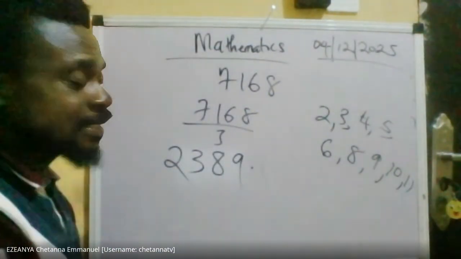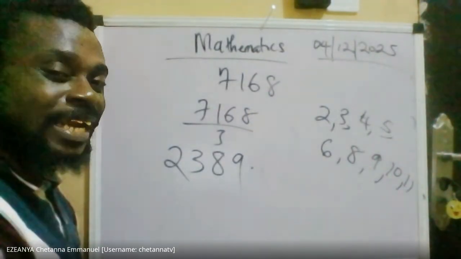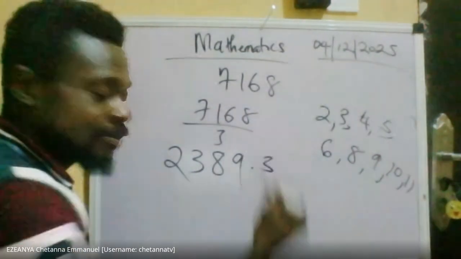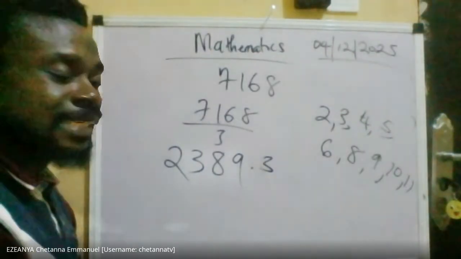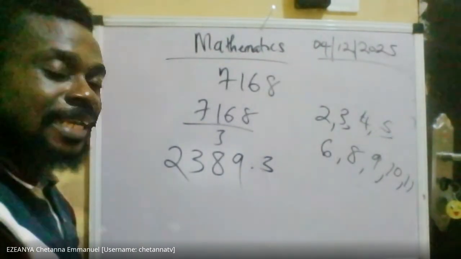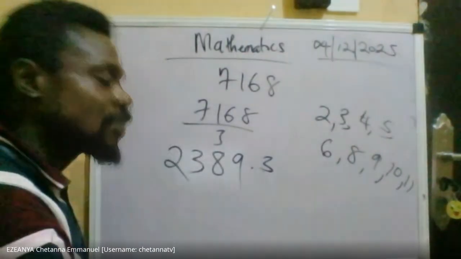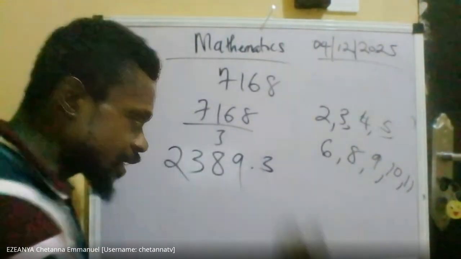10 divided by 3. How many 3's can we find inside 10? We find 3 because 3 times 3 is 9. What is the remainder? 1 again. Multiply by 10, 10 plus 0 is 10, divided by 3 gives 3.